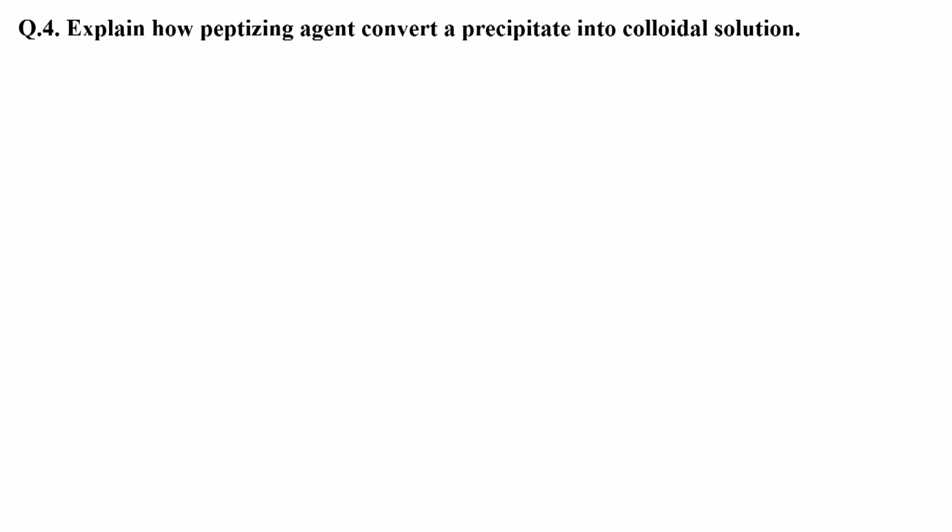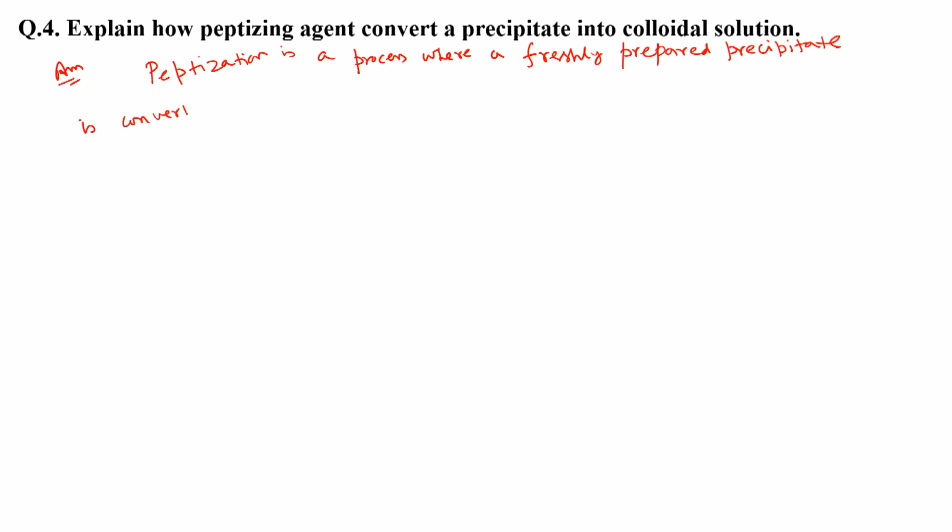So peptization is a process where a freshly prepared precipitate is converted into a colloidal solution by adding a suitable peptizing agent.